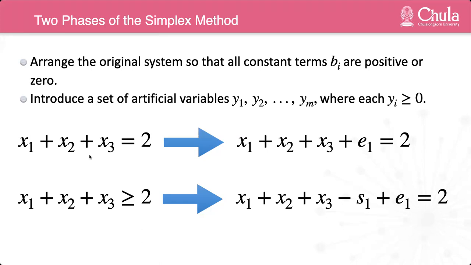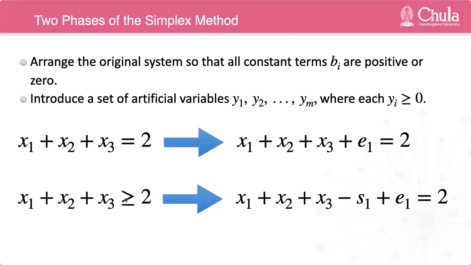For example, if we have an equality constraint, we introduce new variables we call artificial variables, E1. We arrange the inequality constraint such that the right-hand side constant is non-negative.